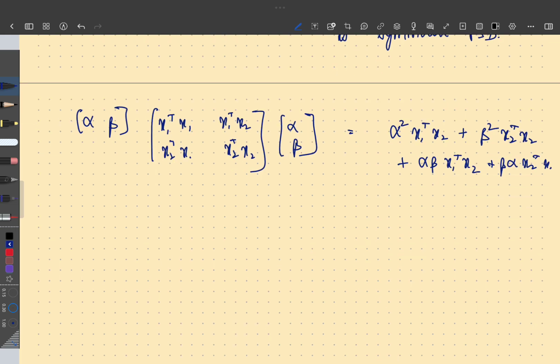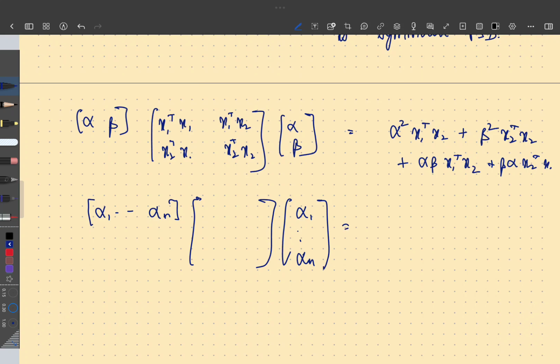So more generally, if I have a vector alpha 1 through alpha n, times this inner product matrix, times alpha 1 through alpha n, what can you say?